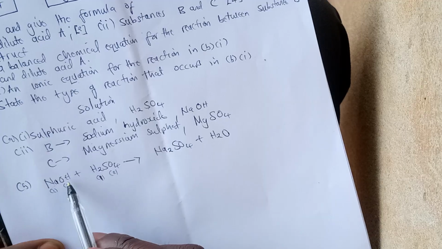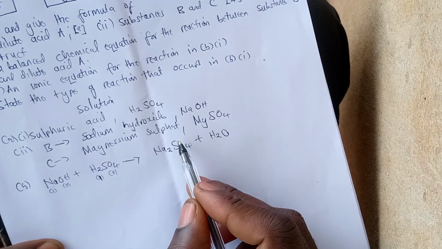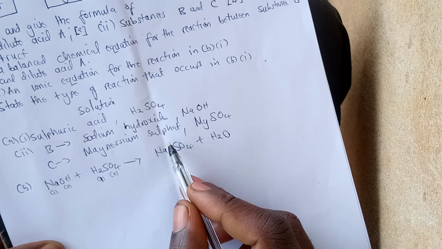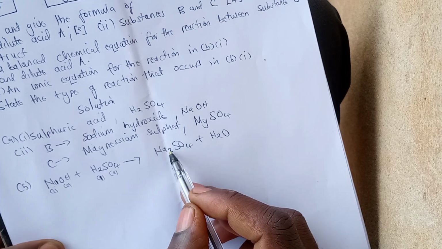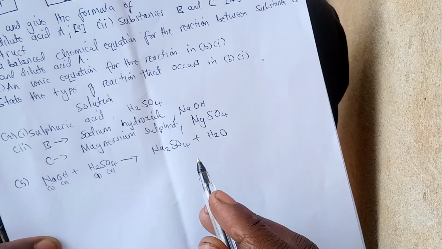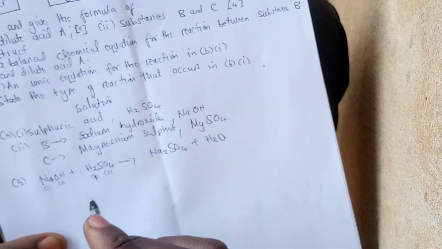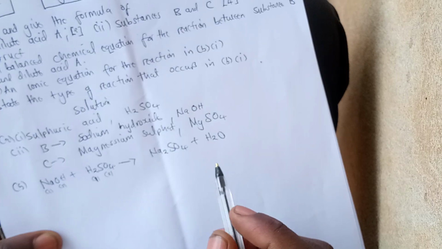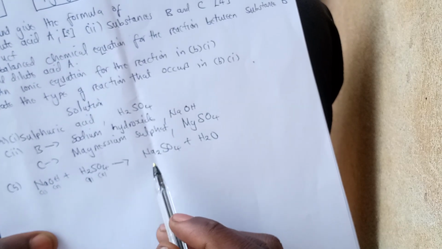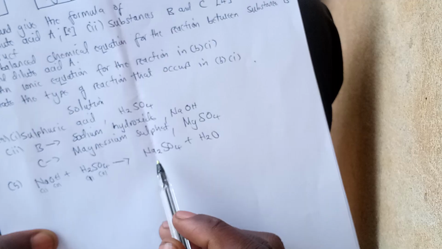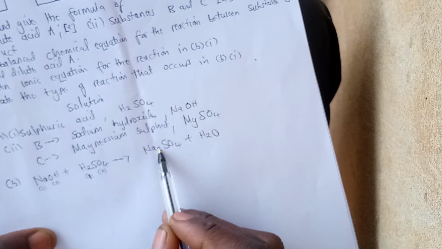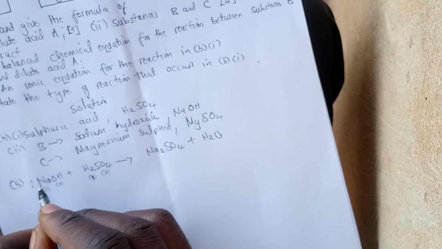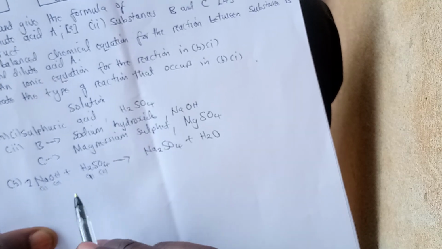Then we also need to consider the valences. Since the valence of sulfate is 2 and the valence of sodium is 1, sodium carries this 2. This is the chemical formula, but now they have said we balance it. So how do we balance it? There is a 2 with sodium on one side and 1 on the other, so we need a 2 on this side to balance sodium.